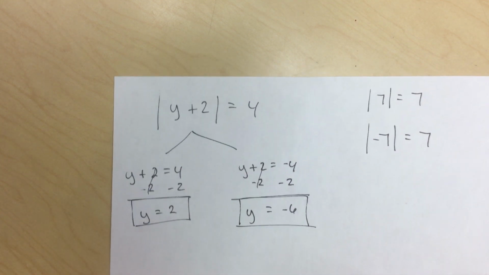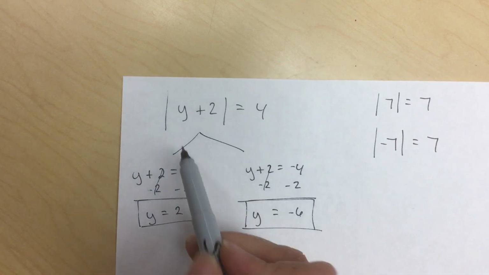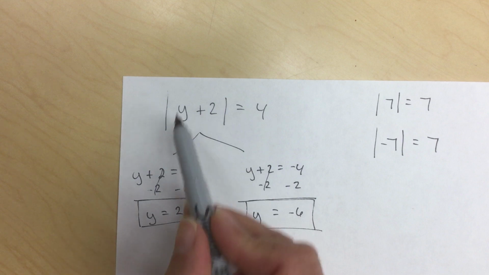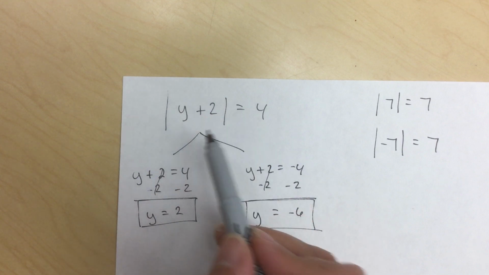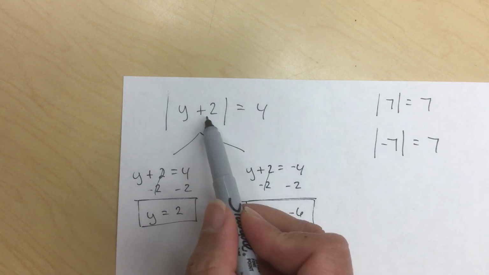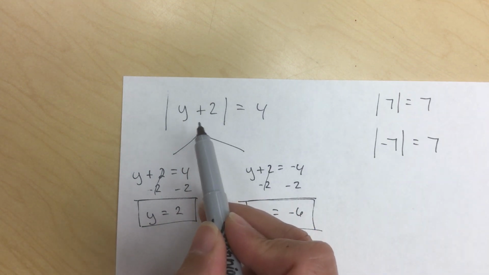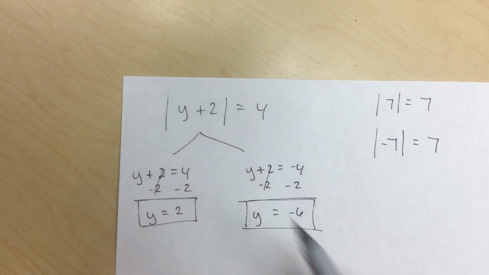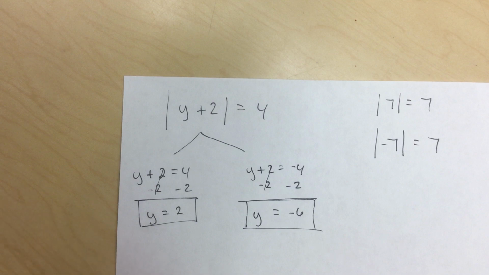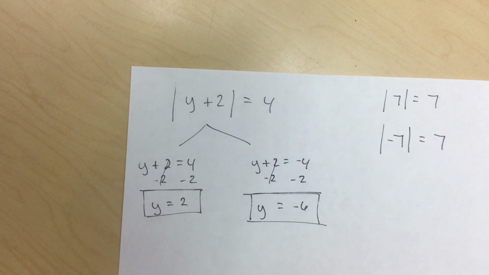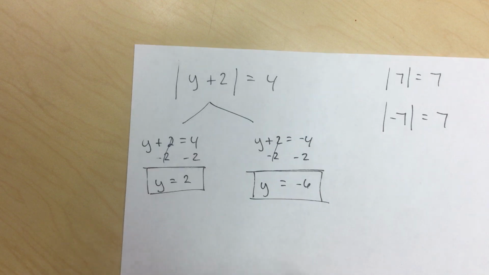So we have found the two numbers that we could plug in for y so that the absolute value of y plus 2 would equal 4. Because 2 plus 2 is 4, -6 plus 2 is -4, and the absolute value of -4 is also 4. Okay, so it's just the same thing you've been doing, only we start with one thing and we break it into two equations.